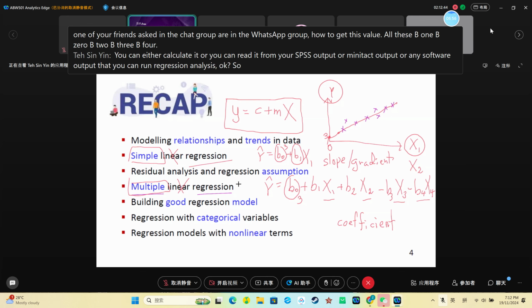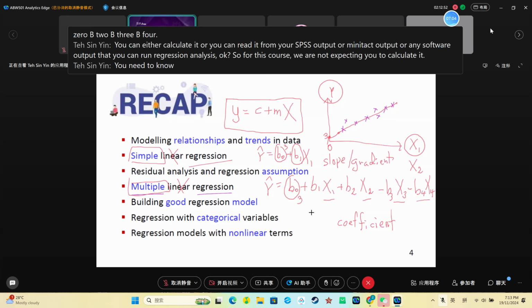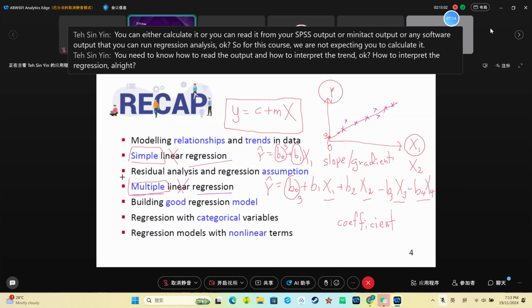So for this course, we are not expecting you to calculate it. You need to know how to read the output and how to interpret the trend, how to interpret the regression, all right?